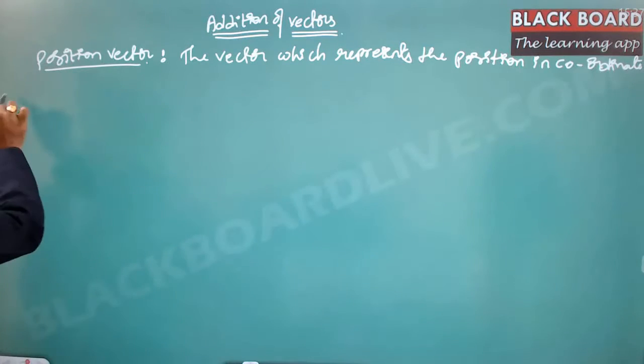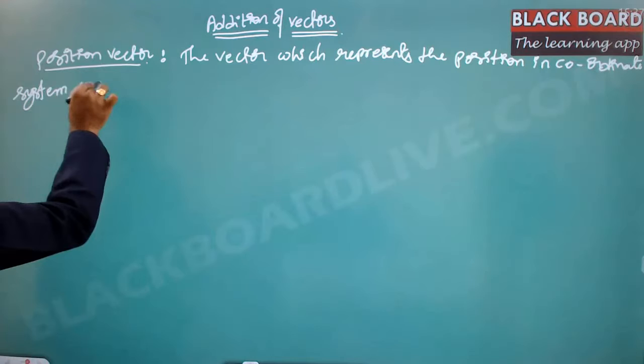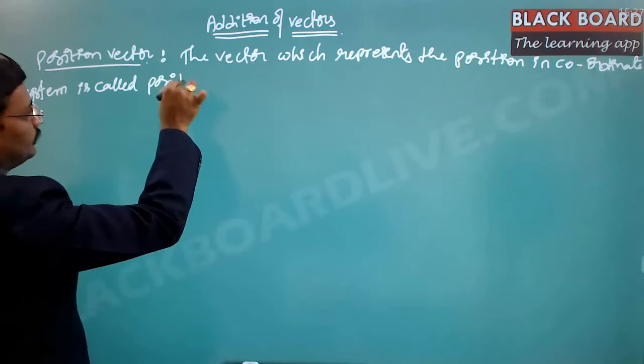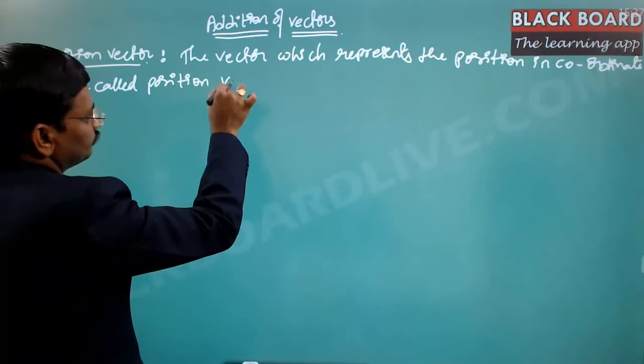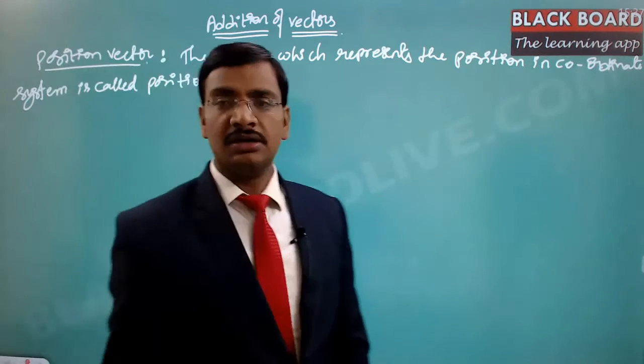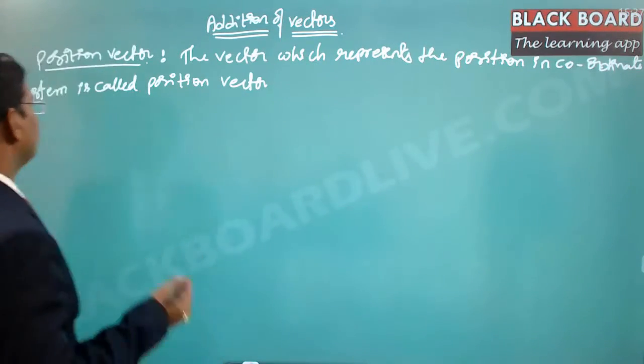It is called the position vector, right? Because most of the times we will be dealing with the position vector as part of this additional discussion of vectors, right? And the second one is the unit vector.